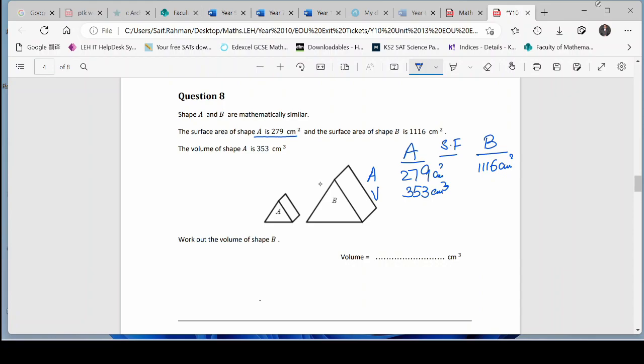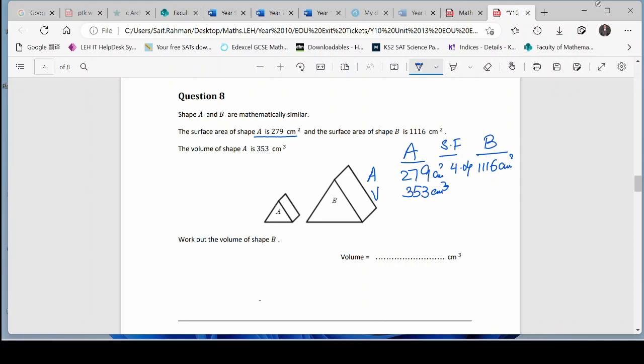So the scale factor we have to find is 116 divided by 279. It should give us 0.4. 0.4 is the scale factor. But this is not the actual scale factor because this one is with the area. When it's with the area, that means this scale factor is already squared.